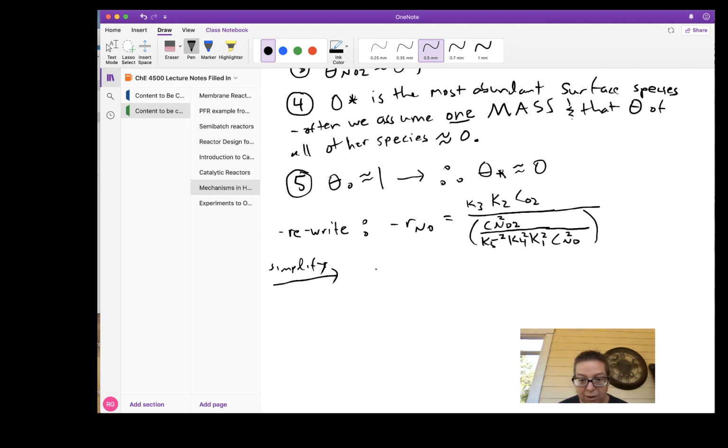So we're just going to say that R_NO2 is equal to k. This is a rate constant. I know that there are equilibrium constants embedded in there. They're just basically multiplying or dividing the rate constant by some value.